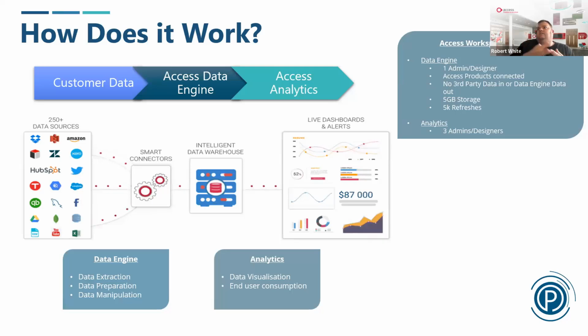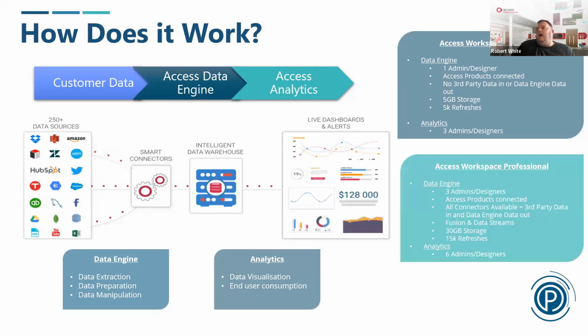You've got the standard Workspace, which gives you access to only Access product connectors. So that'd be the CRM or Unleashed or financials, anything like that. If you want to be able to integrate to third party, then you've got the professional version as well. So it comes in two flavors. But I'll go into detail about what you get with each one of those later on.